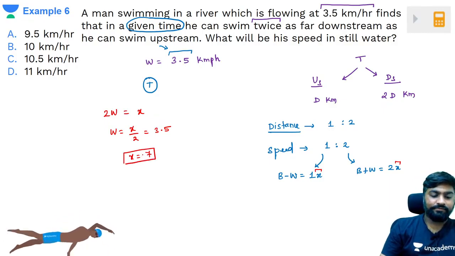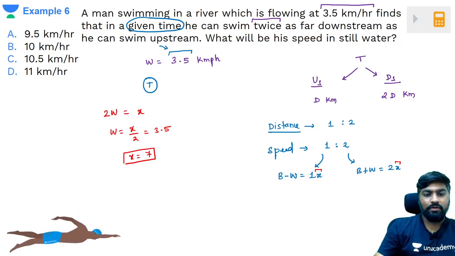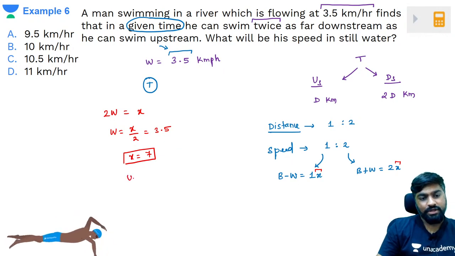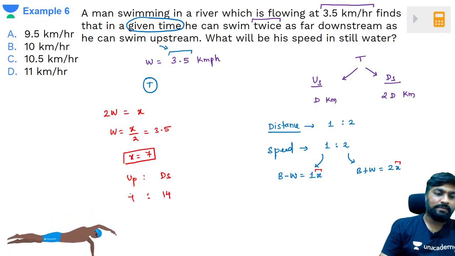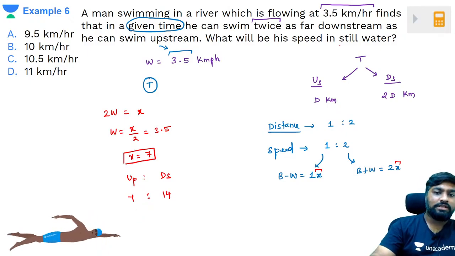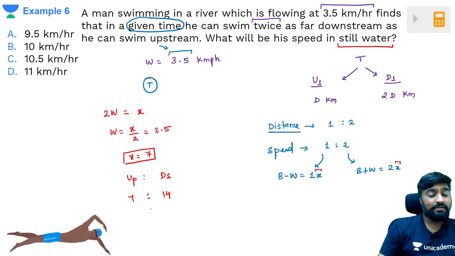Yes. So what do we know now? Upstream to downstream, the speed ratio is going to be 7 and 14. Yes, these are the speeds. What do we want? We want the speed of the boat. How do we get the speed of the boat? Add, subtract, divide by 2, right?